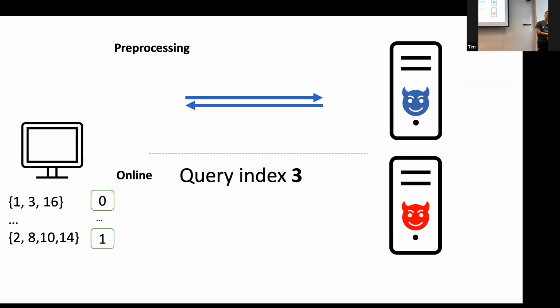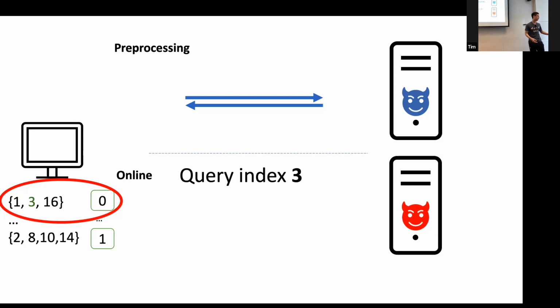Now, how can those hints help us during the online phase? Here's our online algorithm. Let's say we are querying index 3. The client first finds the first set that contains 3. Here it finds the set 1, 3, 16.